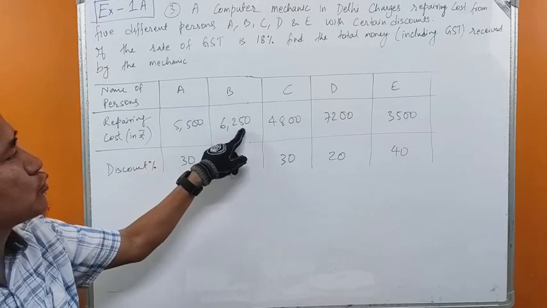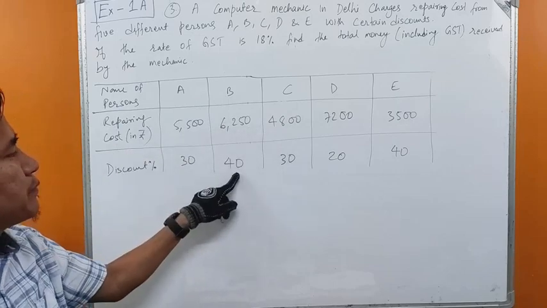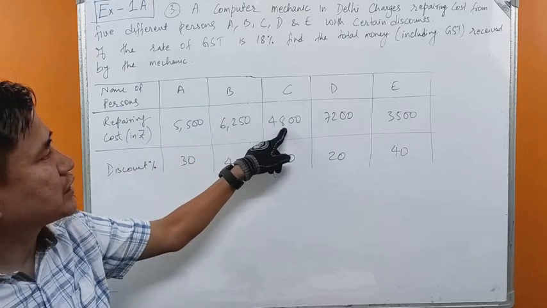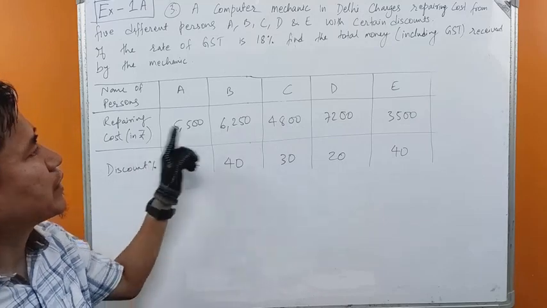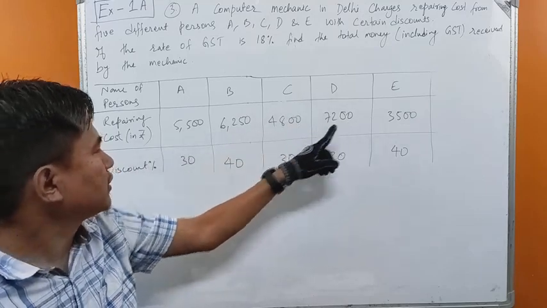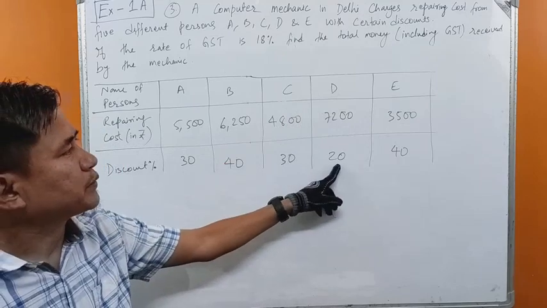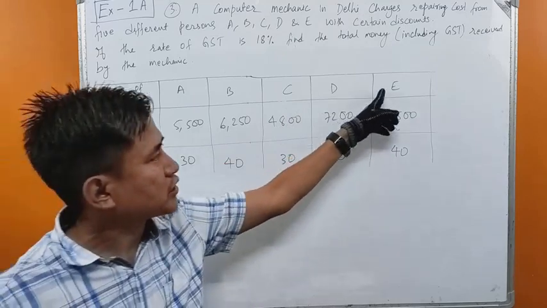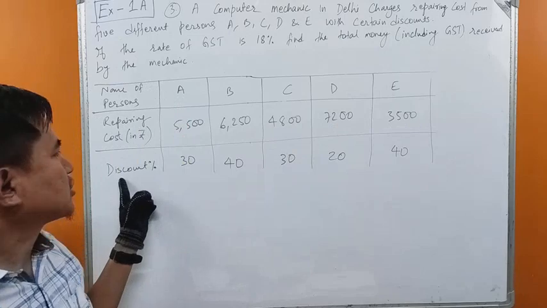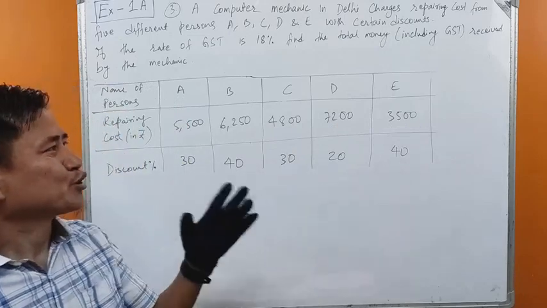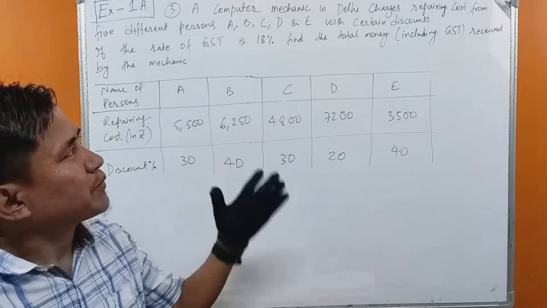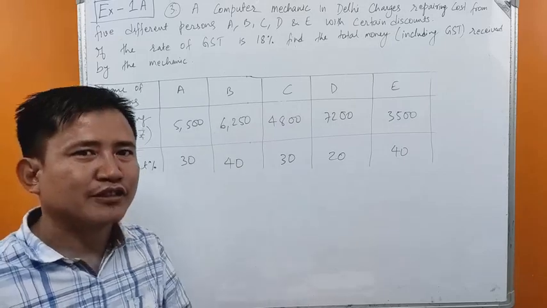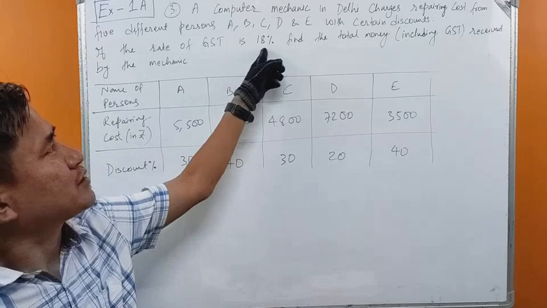B is 6,250, discount 40%. C is 4,800, discount 30%. D is 7,200, discount 20%. E is 3,500, discount 40%. We are asked to calculate the total amount of money received by the computer mechanic including GST if the rate of GST is 18%.